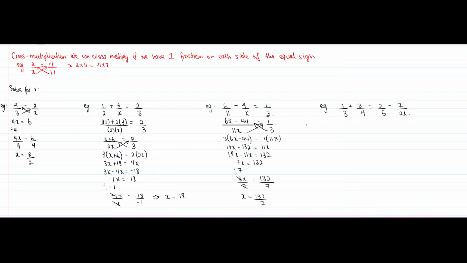Now in this case, I'll give you a little tip. I have two fractions on this side and I have two fractions on this side. For now, calculate your LCM on this side, calculate your LCM on this side, perform your cross multiplication, rearrange and solve. So that's your tip I'm giving you all for this particular question.